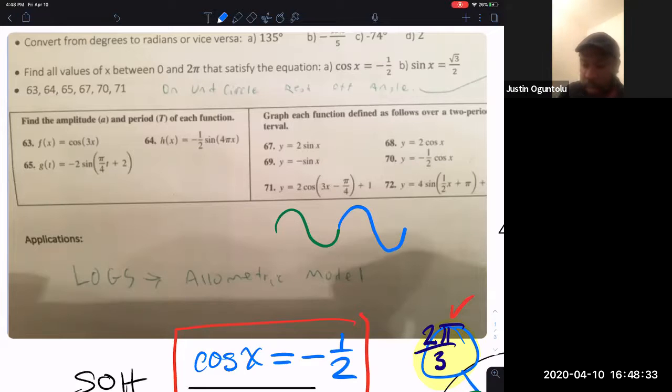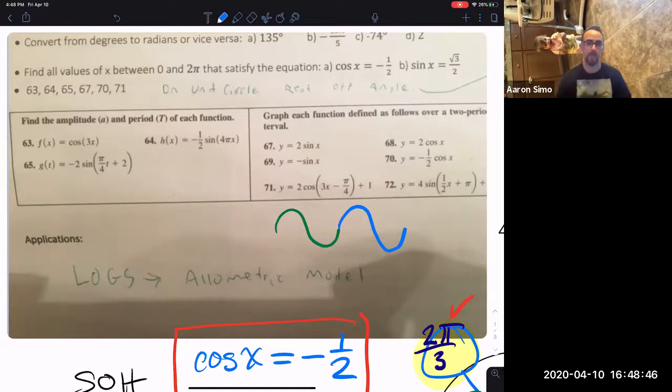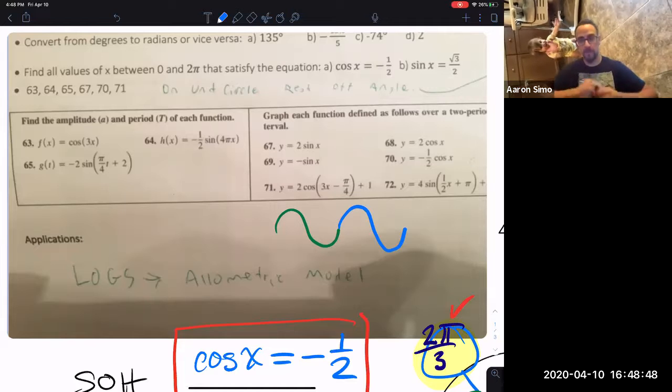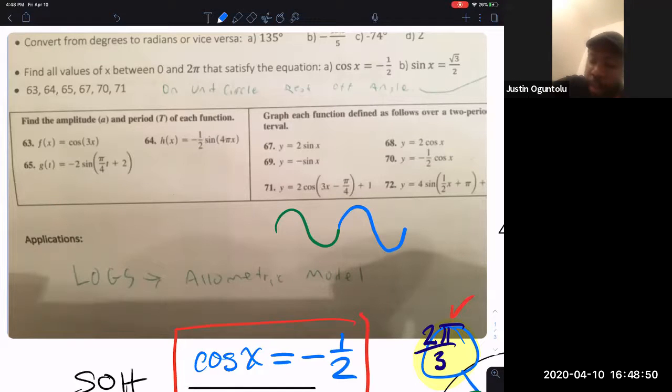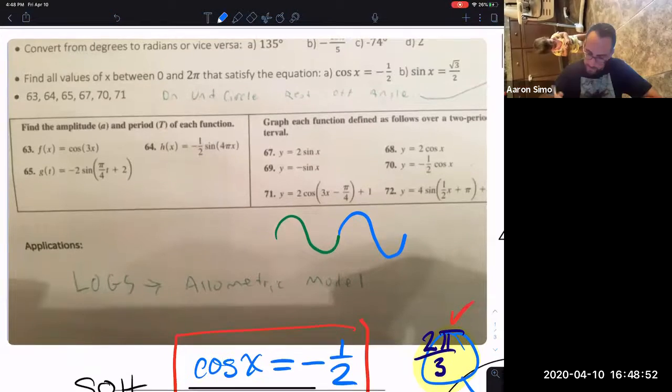Okay. Cool. I think I know radians to degrees. Let me try it and then just let me know if I did it right. Okay. So on the top part where it says 135 degrees, I'm gonna do A real quick.